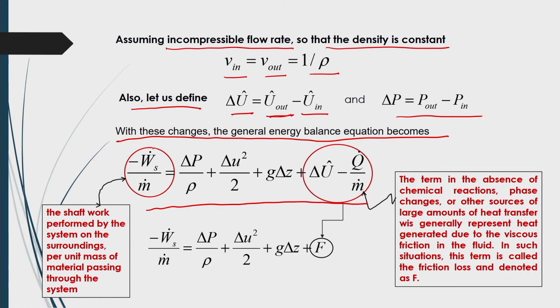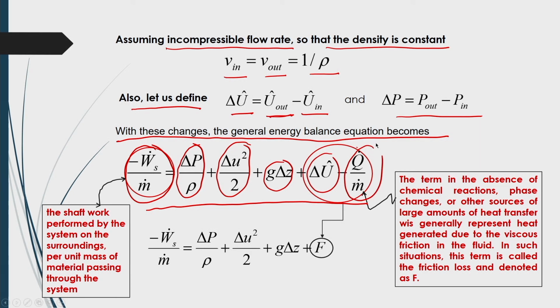In this case, minus W dot S by m dot is basically the shaft work performed by the system on the surroundings per unit mass of material passing through the system. Similarly, this is your pressure work, this is your kinetic energy, this is your potential energy, this is the internal energy, and this is your heat energy per unit mass.